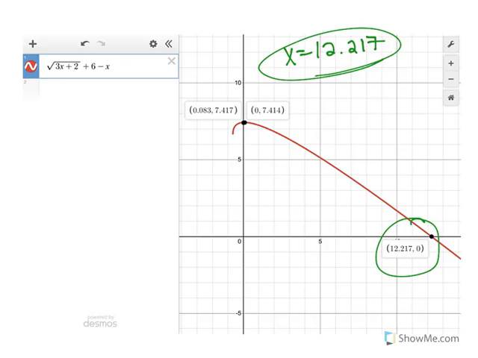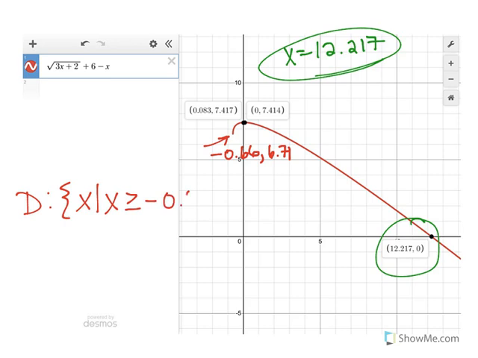So domain, oh, I didn't plot this point right here, but this point is at -0.66 and 6.71. I forgot to highlight it. So for our domain, we would say x such that x is greater than or equal to -0.66 for all the real numbers.